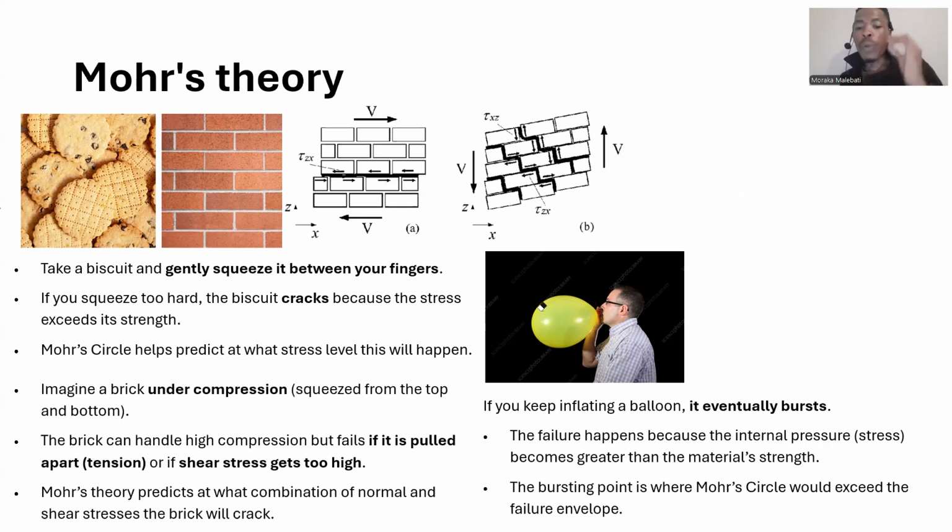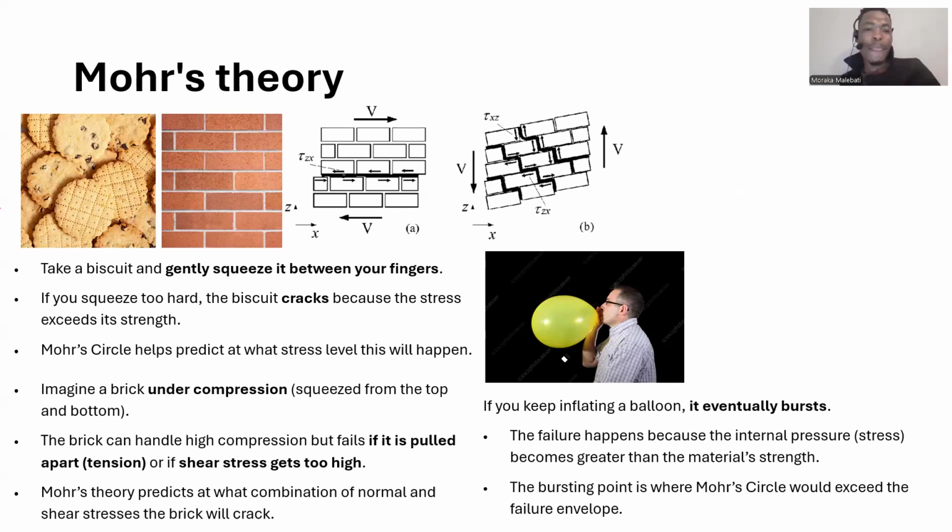The failure happens because the internal pressure or stress becomes greater than the material strength. It will no longer withstand those high stresses, so it will burst. The bursting point is where the Mohr circle would exceed the failure envelope.